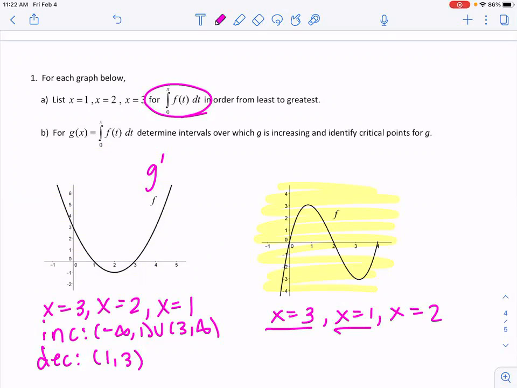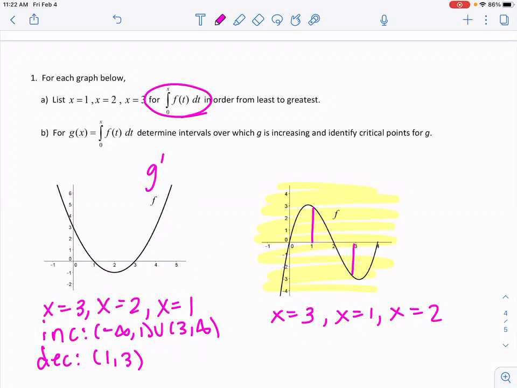Did you feel like they could have been the same? If you have 1, 3, 2 or 3, 1, 2, I would accept either one of those because it does appear that those are going to be canceling each other out, right?